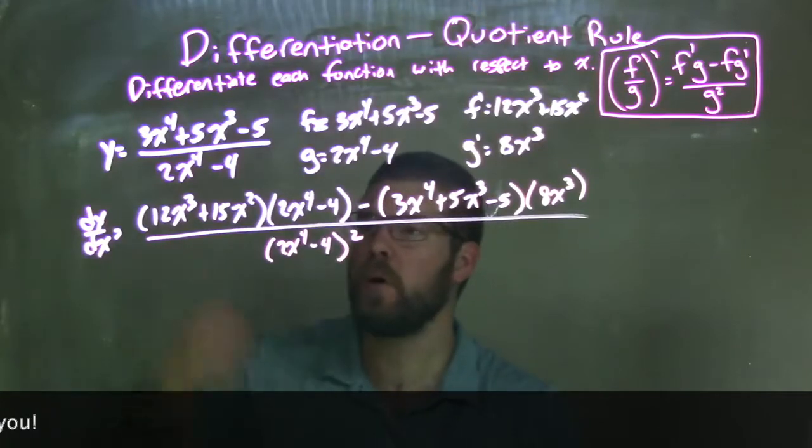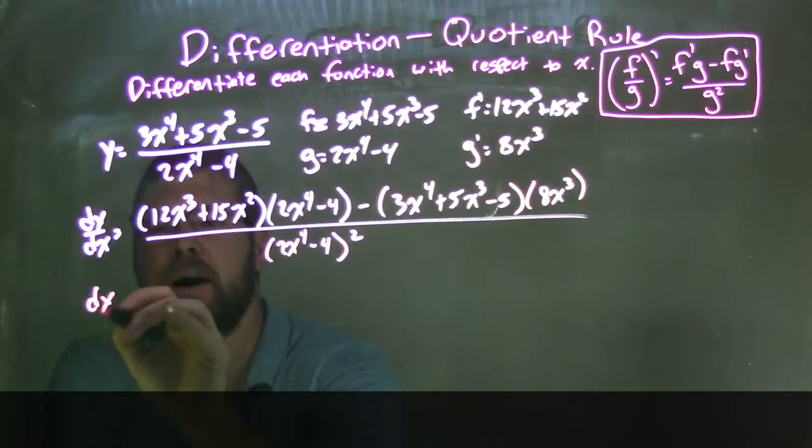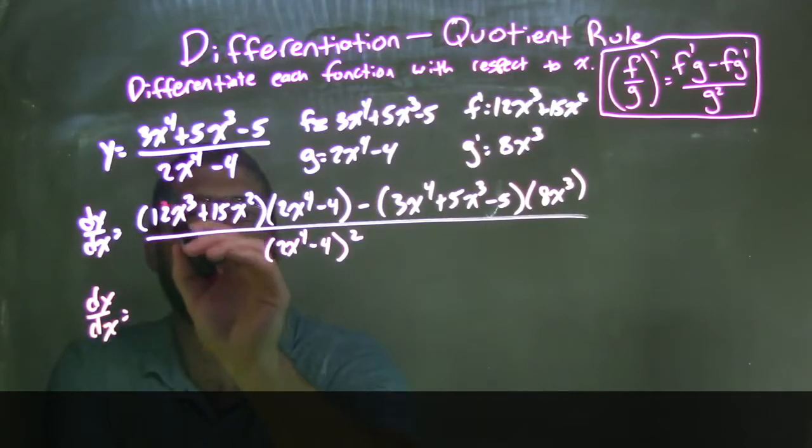Okay? So at this point, we've taken our derivative. We need to simplify this. We're going to multiply everything out. So we have dy dx here. Let's go multiply that out.